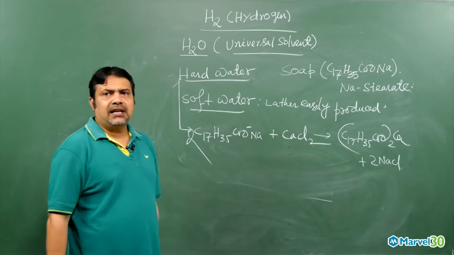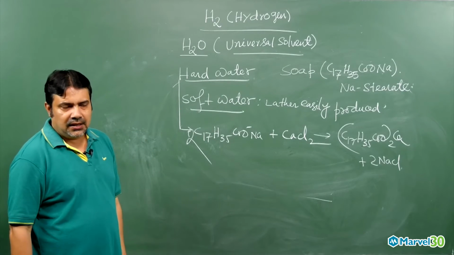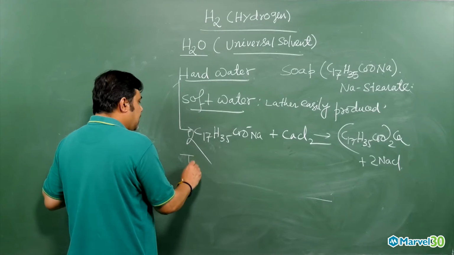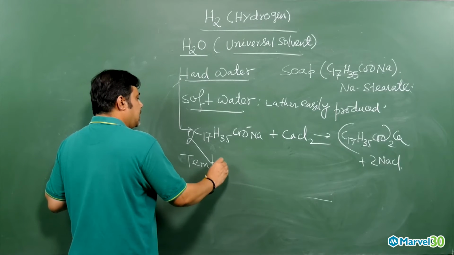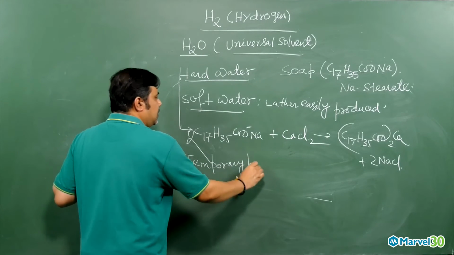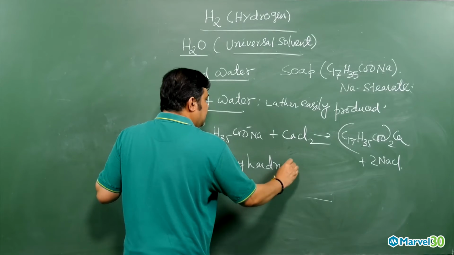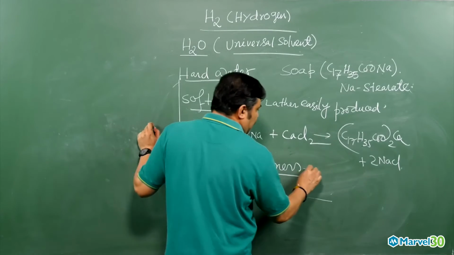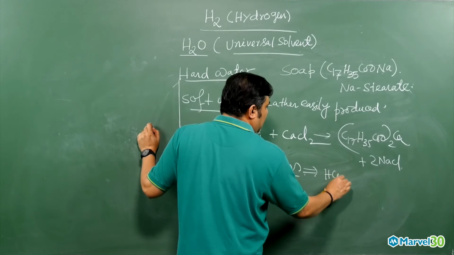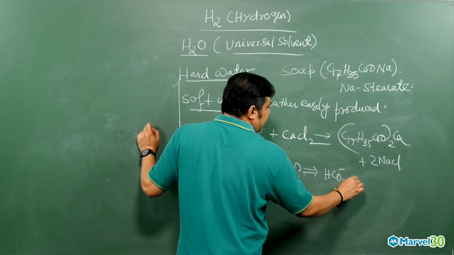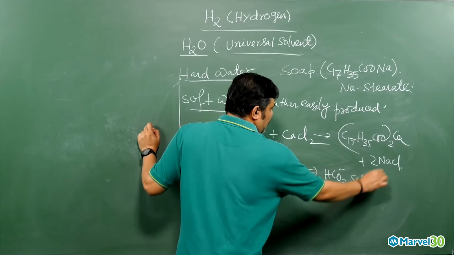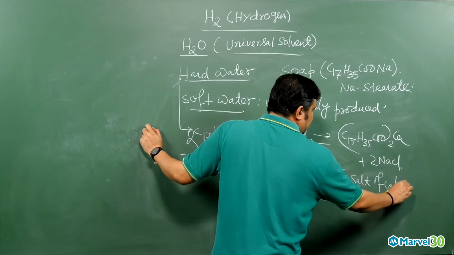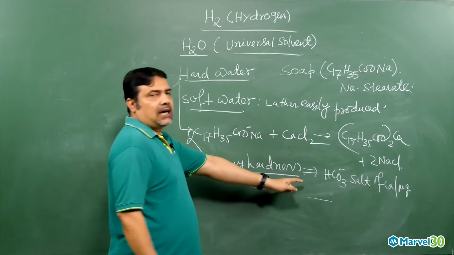Then how can we remove the hardness of water? And what are the different types of hardness? One is temporary hardness. What is temporary hardness? Temporary hardness is created by bicarbonate salt, HCO3, that is the bicarbonate salt of calcium or magnesium, which produces the temporary hardness.